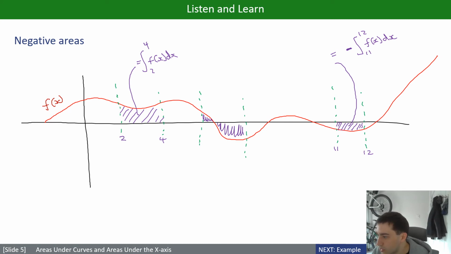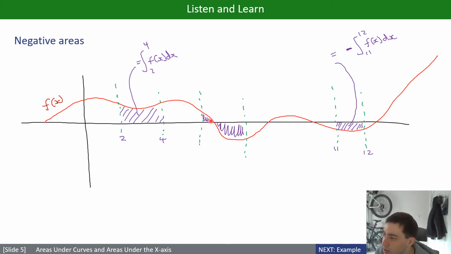What I can't do is do it with a single integral, because this part is going to be giving me a positive value and this part will be giving me a negative value, and it will cancel out to some extent, which means it won't give me the correct answer. I want to know that area plus this one. I don't want to take them away from each other.